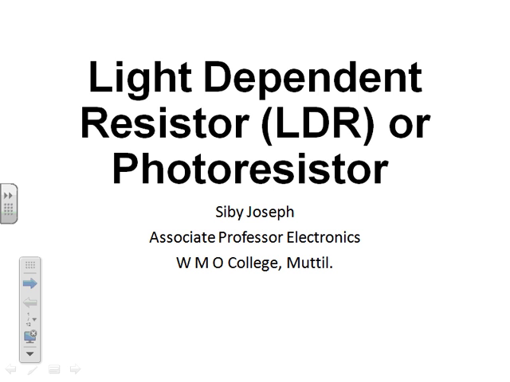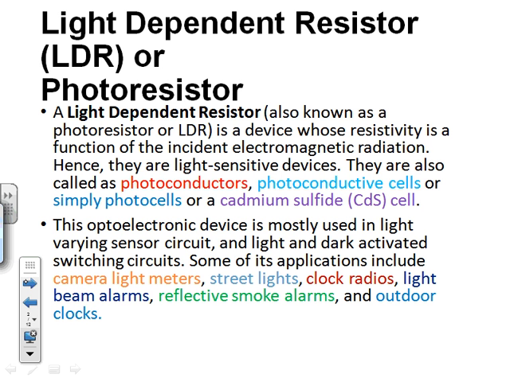Today we are going to discuss the light dependent resistor, LDR, also called a photoresistor. So what is a light dependent resistor? We can define it as a device whose resistivity is a function of the incident electromagnetic radiation.